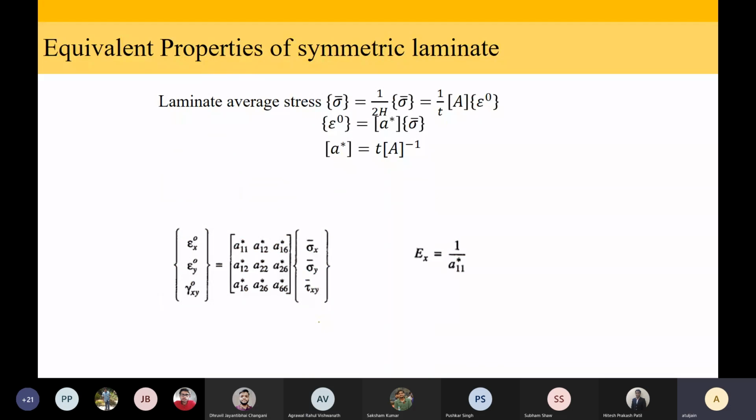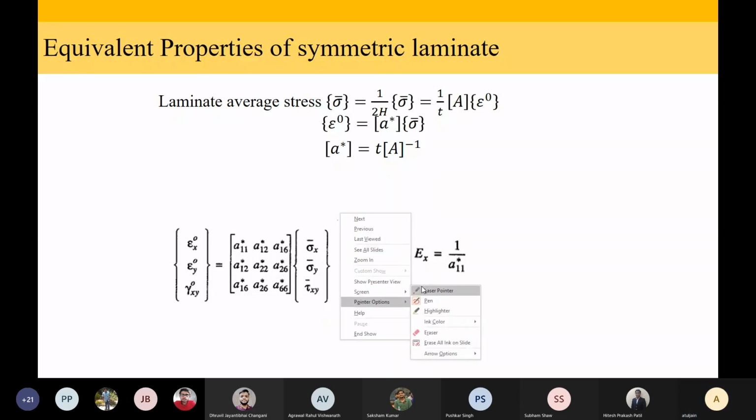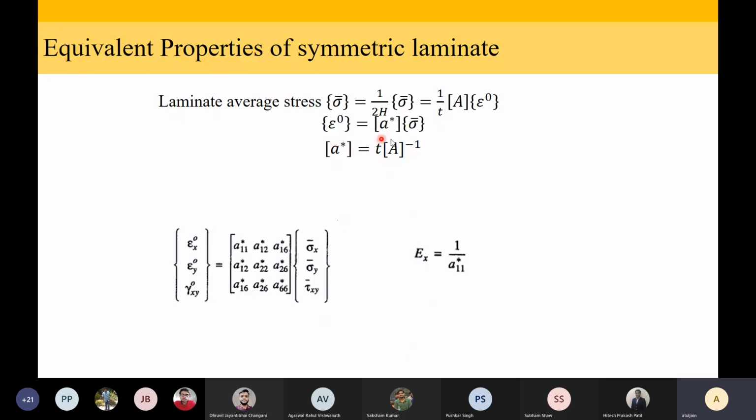So now let us try to calculate the equivalent properties of a symmetric laminate. We are saying that the relationship between strain and stress is this. Strain is equal to A inverse into sigma.